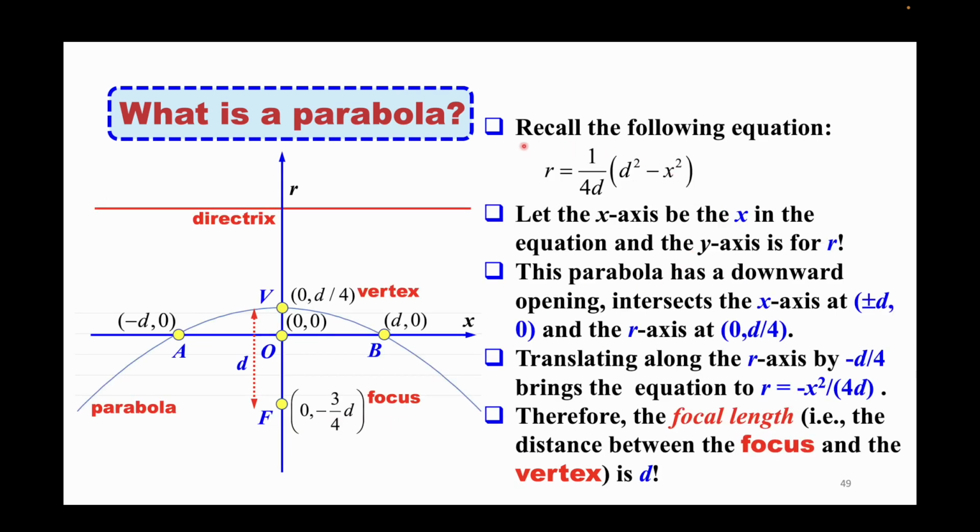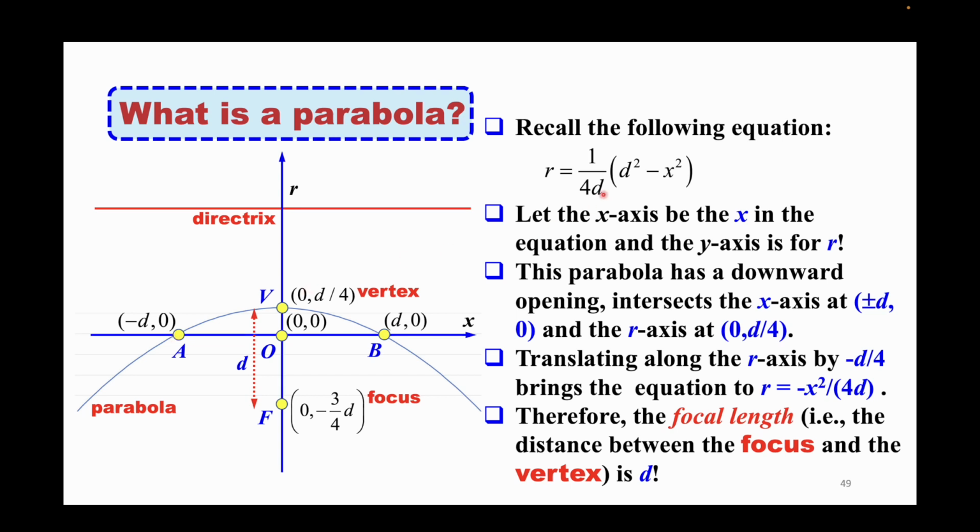Now, this equation is a parabola. So let the x-axis be the x in the equation, and the y-axis is for r. From this equation, we know this parabola intersects the x-axis at (d, 0) and (negative d, 0).